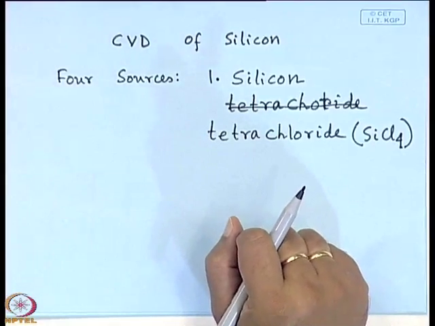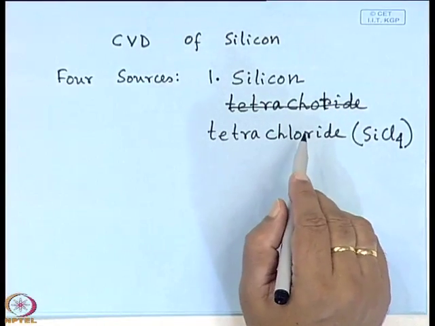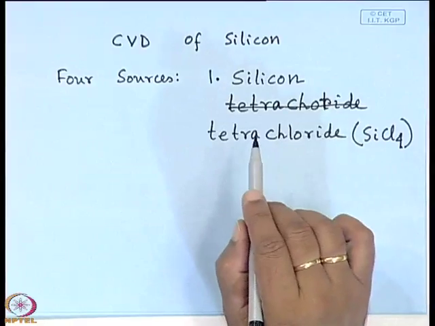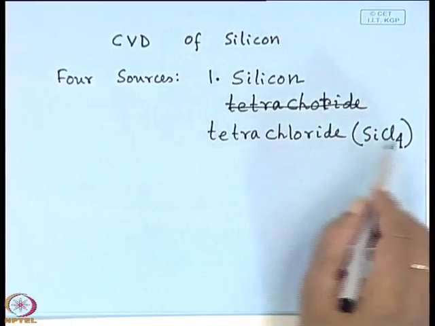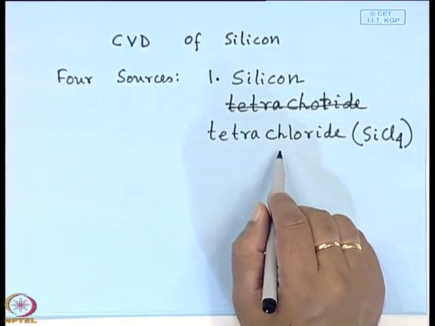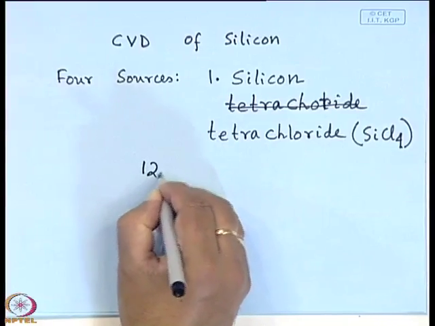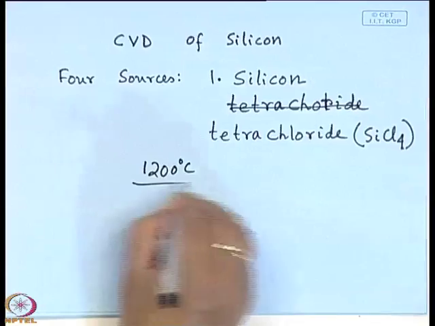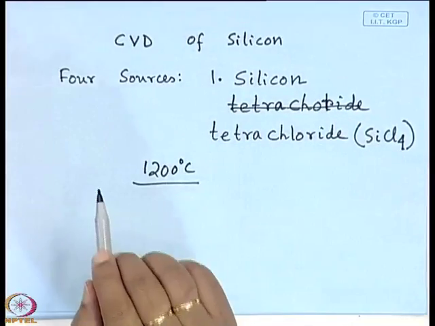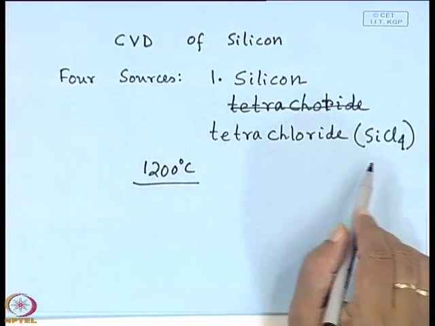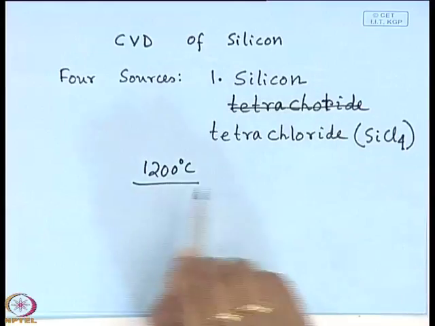This is the most important precursor which is used for silicon CVD. Industrially this is used, but the temperature is quite high, 1200 degree centigrade. Almost 1200 degree centigrade temperature is required, because you have to decompose this SiCl4.